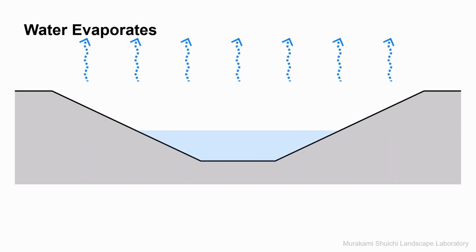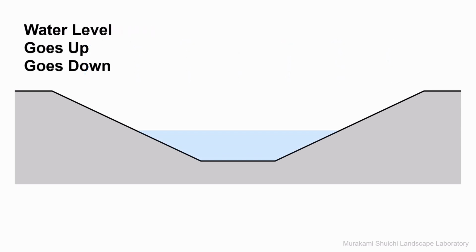Or the accumulated water may evaporate into the air. Eventually, the water surface will disappear. The level of water changes from moment to moment. Those changes are so gradual, they are hard to realize.